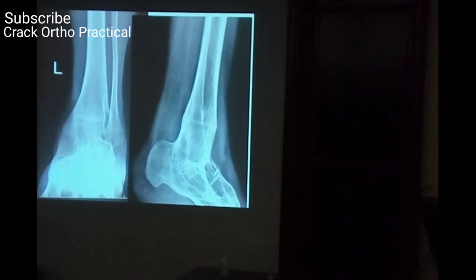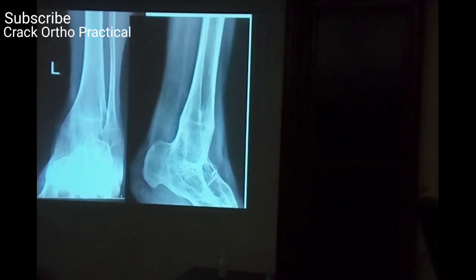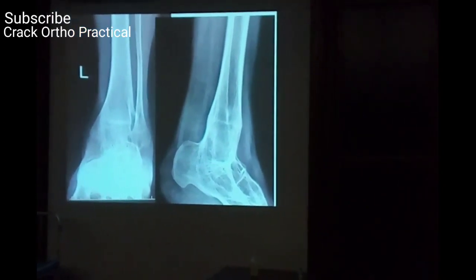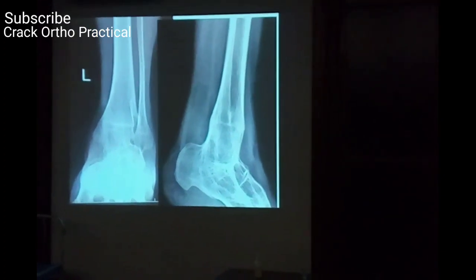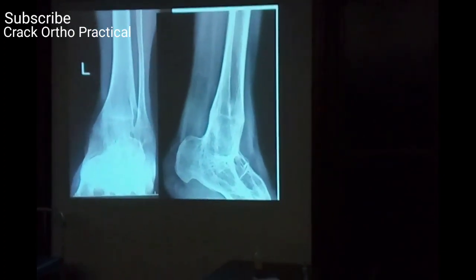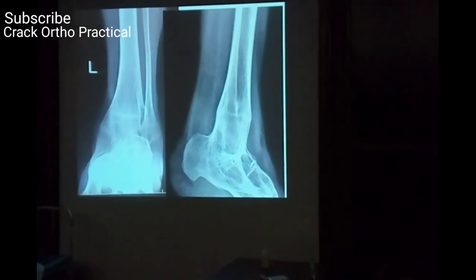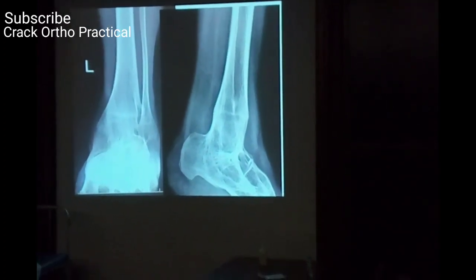So it indicates a bony ankylosis. Yeah. Which condition can it be in? Any septic condition. Septic arthritis. Any sequelae of septic arthritis.